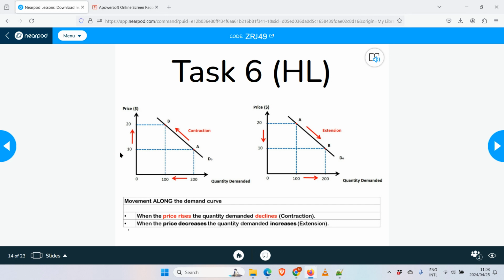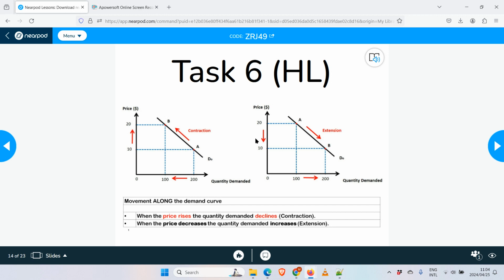When there's an increase in the price, quantity demanded will be less. Okay, and that is known as a contraction. This movement is along the demand curve. And the opposite is true.